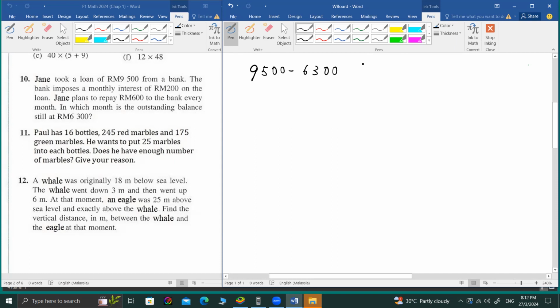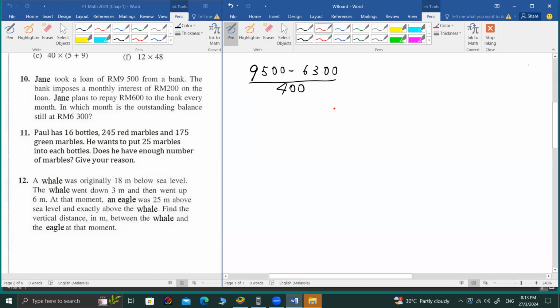Okay class, I ask you one question. You pay 600 ringgit every month. Actually, you pay how much? 虽然是讲600啦, but you still have to pay another 200 for the interest, right? Interest that I charge you. So you divide 400 only, not divide 600 that you pay. Why do we divide 400 only?